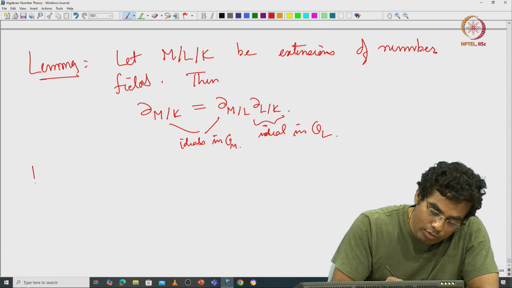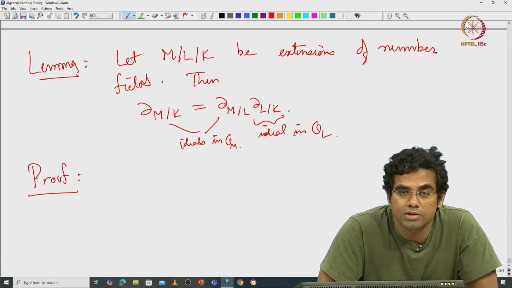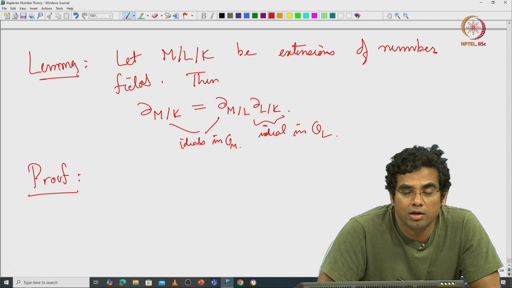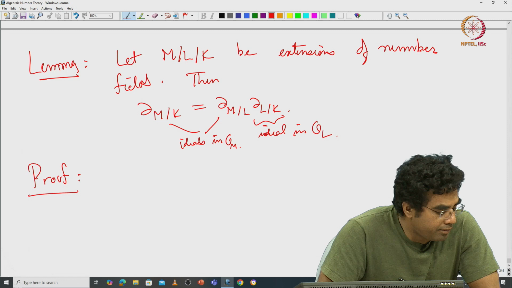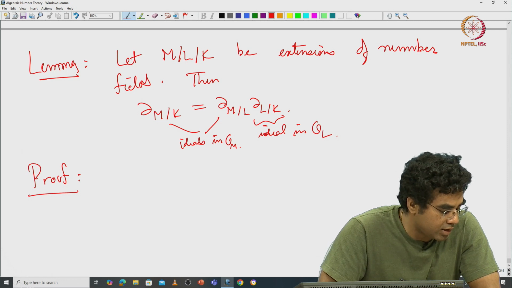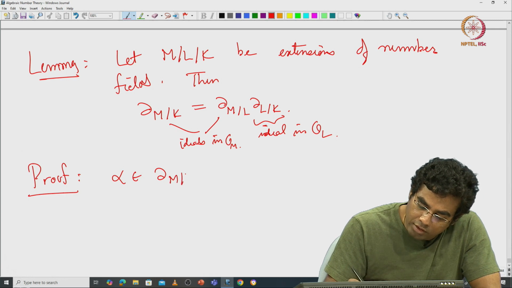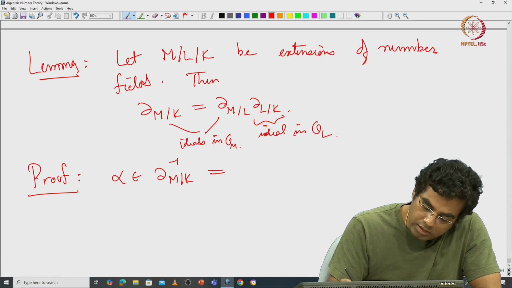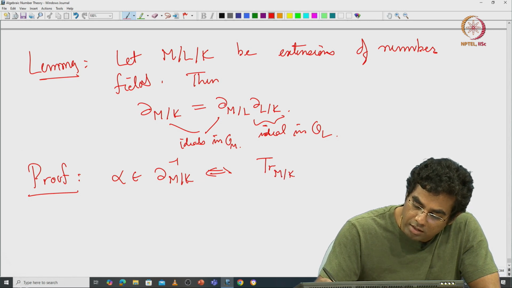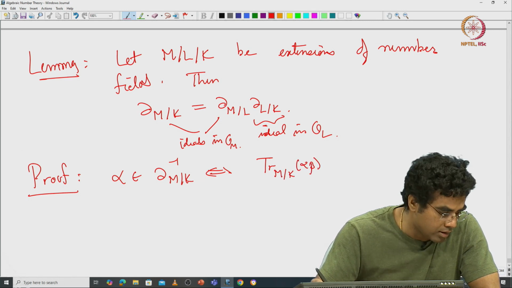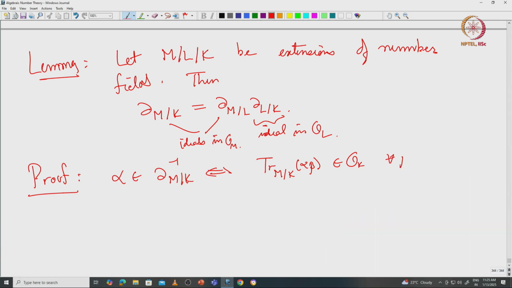Okay. Now, you will realize when you work with the different for long enough, it is always easier to work in terms of different inverse because that has an explicit definition, right. The different does not have a very explicit definition. So, if you take alpha in the different of M over K inverse, this is the same as saying the trace from M to K of alpha beta is in OK for all beta.